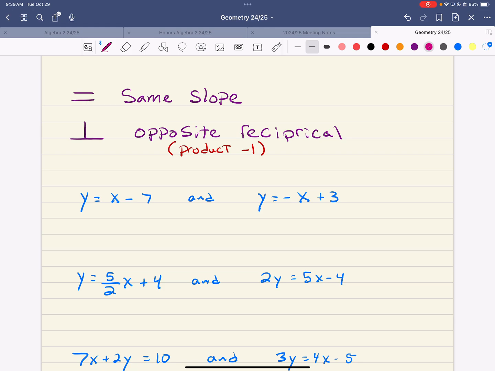Our shortcut, as we said, is they're the opposite reciprocal, meaning if it was positive, it becomes negative. If it was negative, it becomes positive. And reciprocal means to flip it. Mathematically, the product is negative 1 if you multiply their slopes together. Okay?